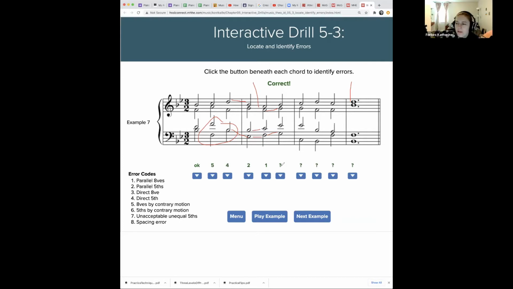I don't understand when you say the outer parts and then you say the bass doesn't matter. The outer parts meaning soprano and bass. Outer parts, top and bottom. With me? Yes. And it doesn't matter what the bass's motion is. It can move by step or skip, doesn't matter.